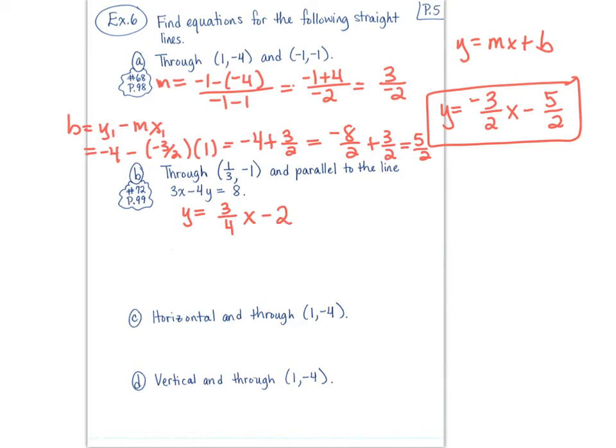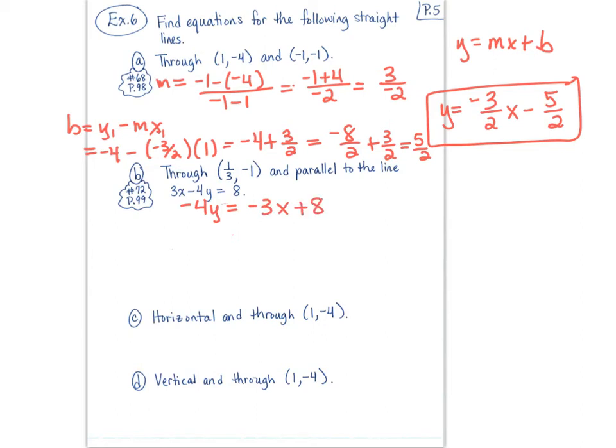Hold on one second. Does everybody agree with getting this or how to get this? Does anyone need to see how to get this? Yes? Okay, so let me erase this, and we'll take the steps to get there. So you have negative 4y is equal to negative 3x plus 8.